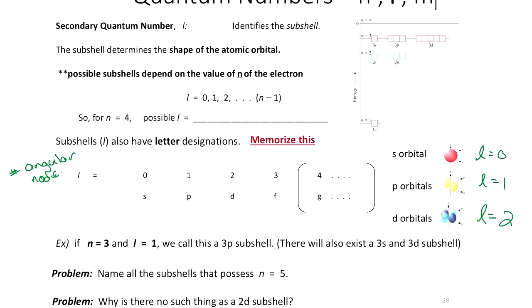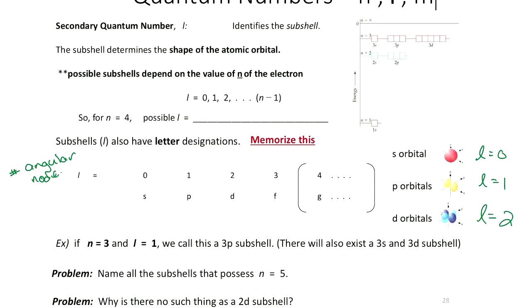Angular node is not a word that we typically associate with, or can distinctly see in, these shapes. The analogy I like to use with angular nodes is the L quantum number. So think of orbitals like a balloon animal, and the L quantum number is how many times you twist your balloon animal. If you start with a balloon and you twist it 0 times, it's still a circle.